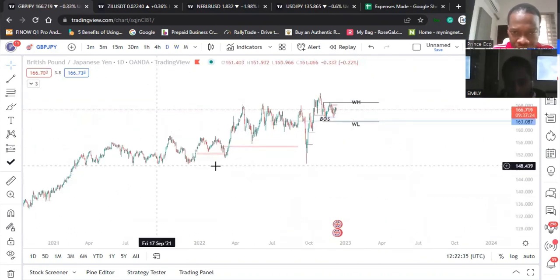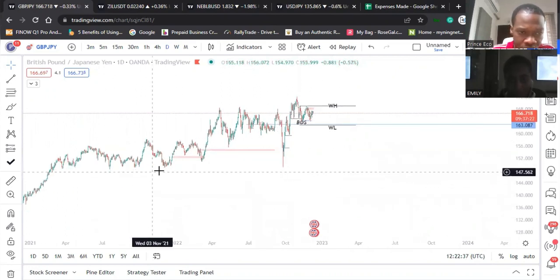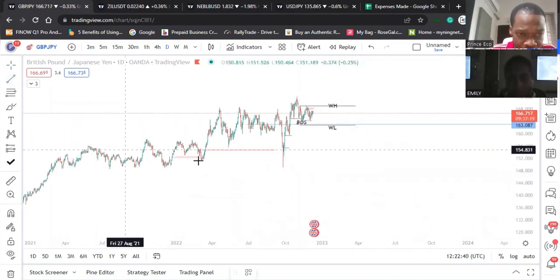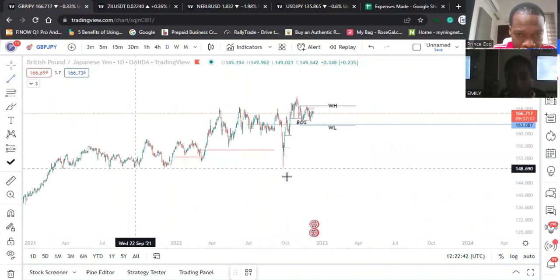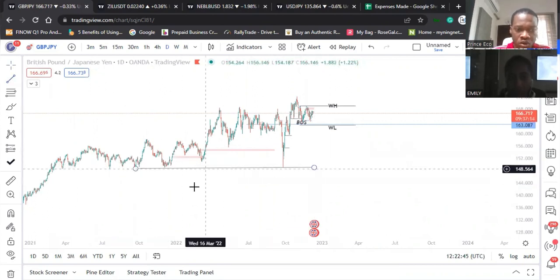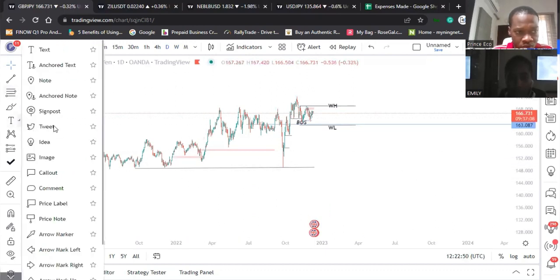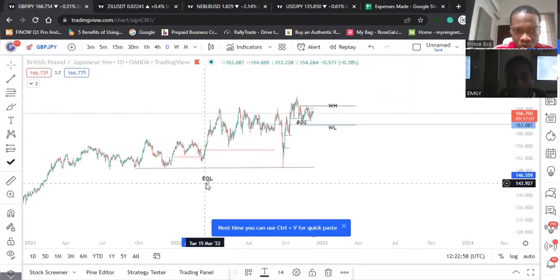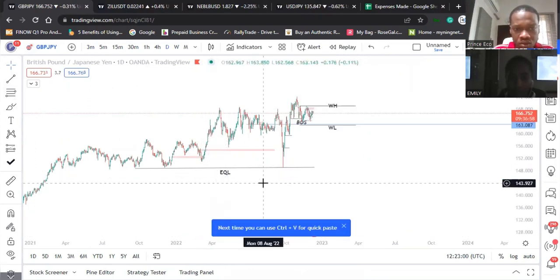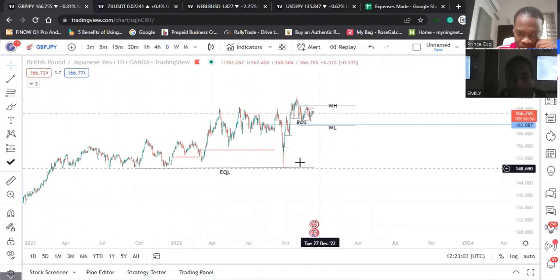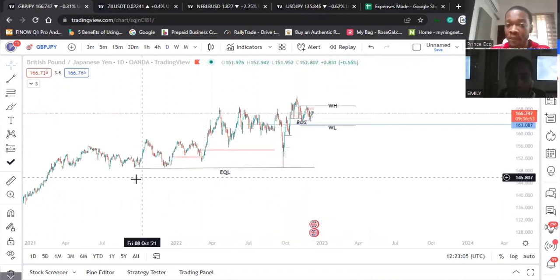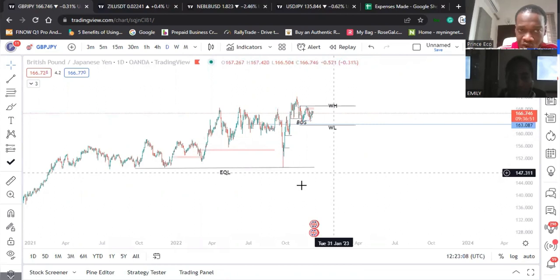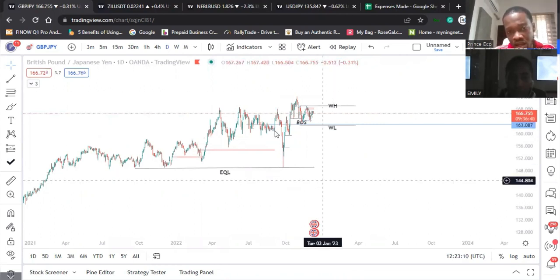You can see that the market came to create an equal low here, and as with this one here. Now, mind you, there's still liquidity on this side, but this is on the higher time frame.